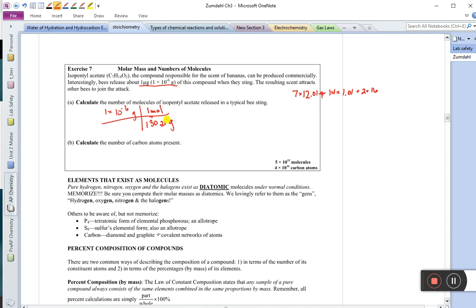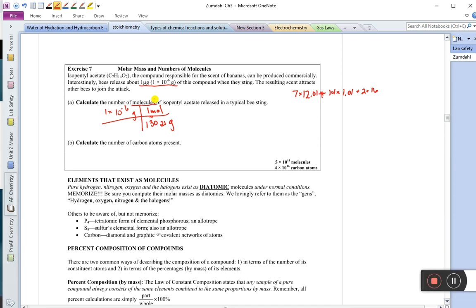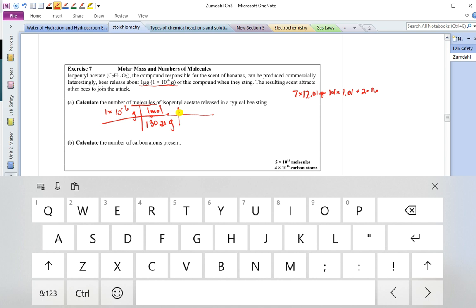And so that would let you find your moles, but it didn't ask for moles, it asked for molecules. So this gets back to what we talked about with our mole.